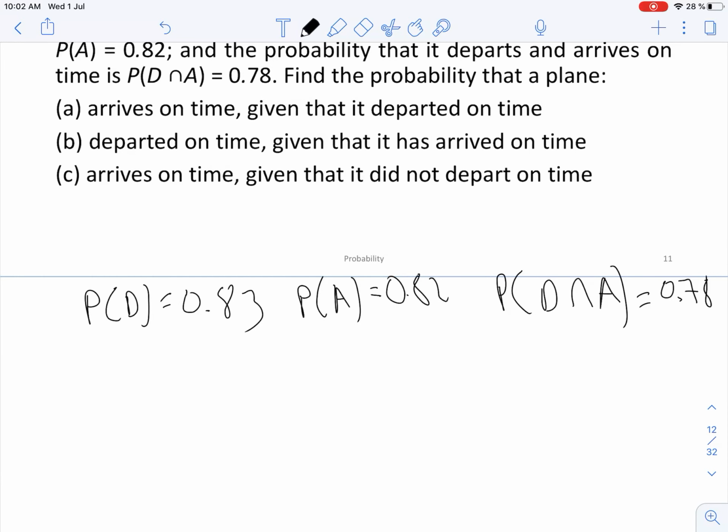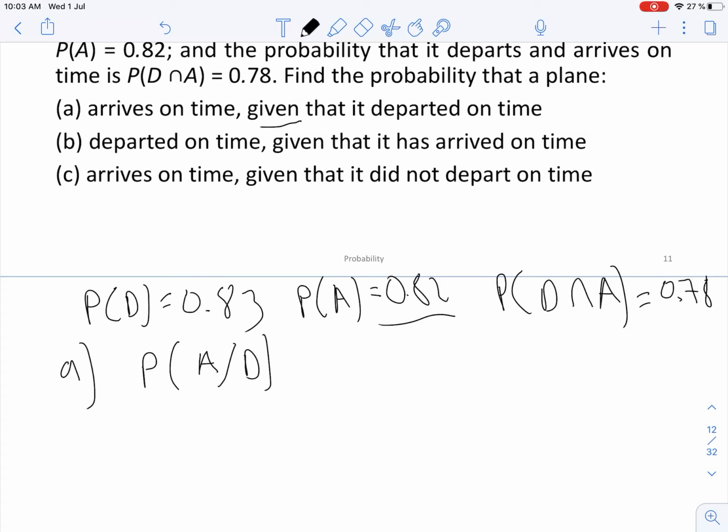Alright. Then let's get started with the first one. Let's find A. It says arrives on time, given, that's a conditional probability right there, that it departed on time. So what's the probability that the plane arrives on time, given that it departed on time? Usually the probability of arriving on time is 0.82.